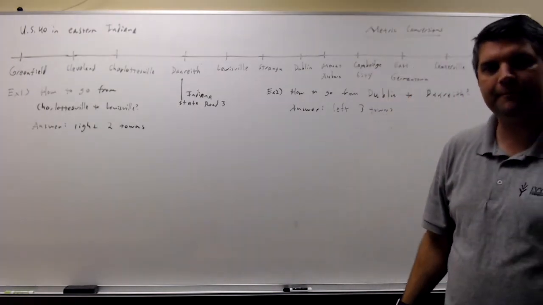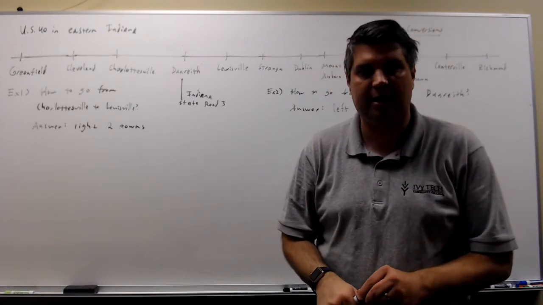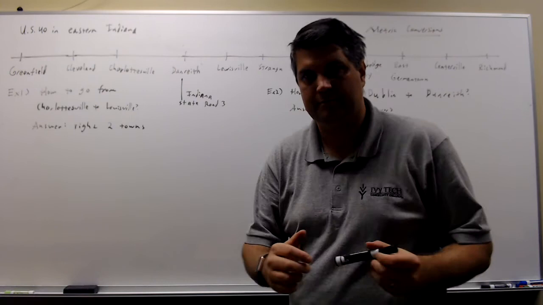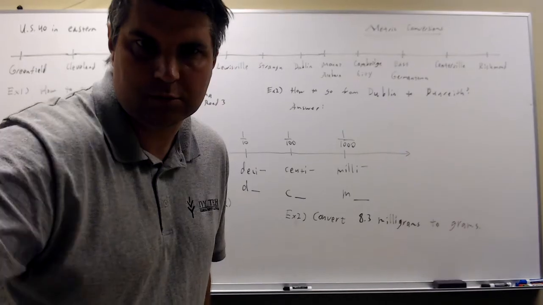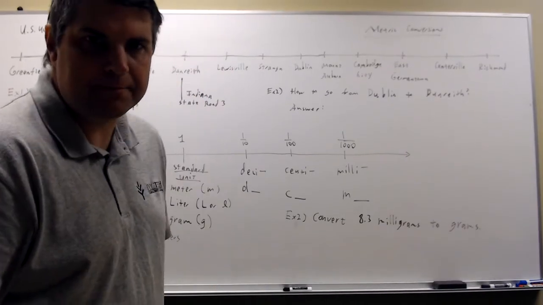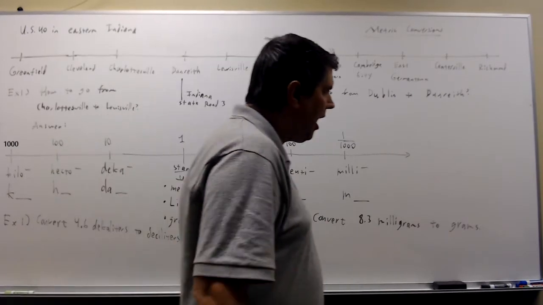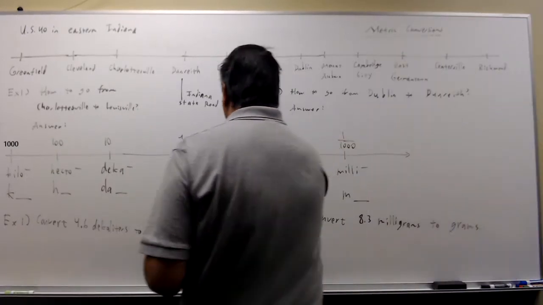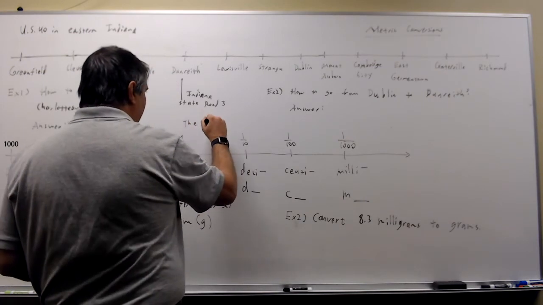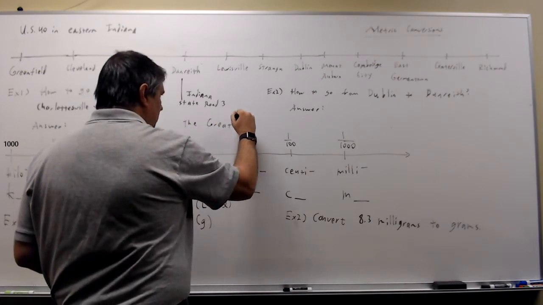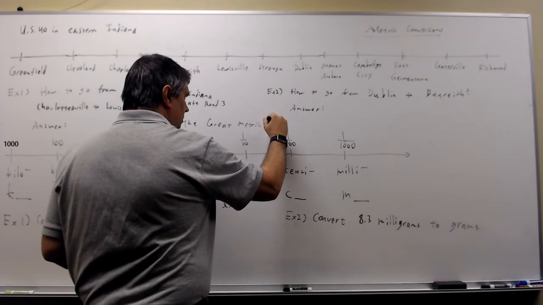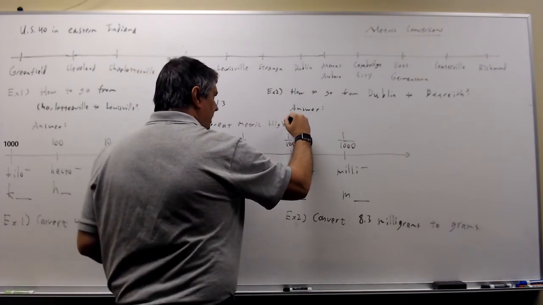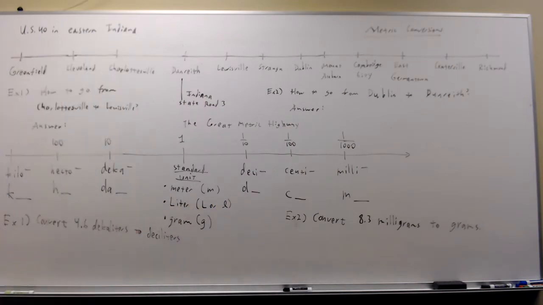All right. I am going to pause here and put something else on the board. Okay. Now, I have put what I call, analogously, the Great Metric Highway here, which is not a real physical highway, it's a teaching aid.